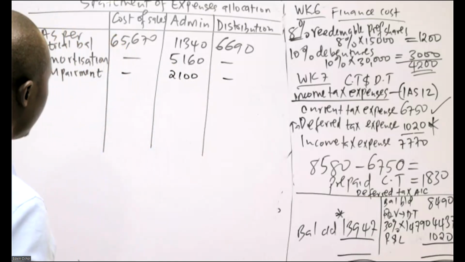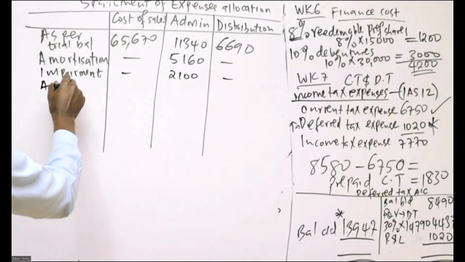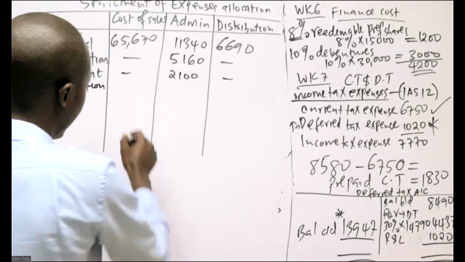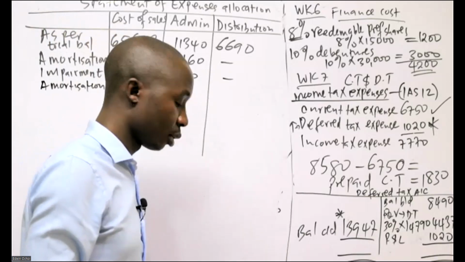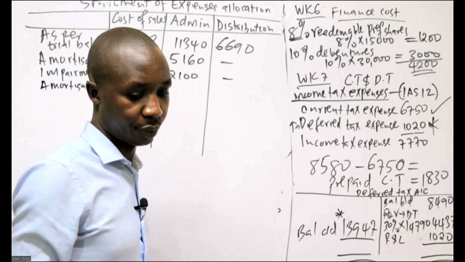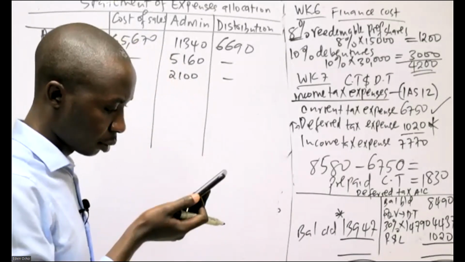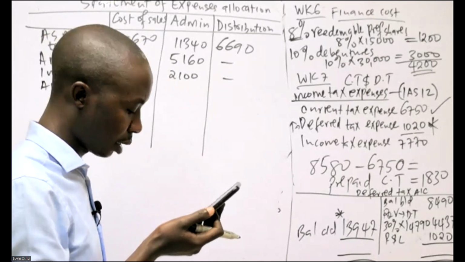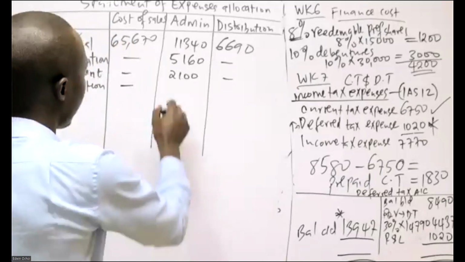Those are business rights. Then there was amortization, 13,500 divided by 3 years, which is 4,500.